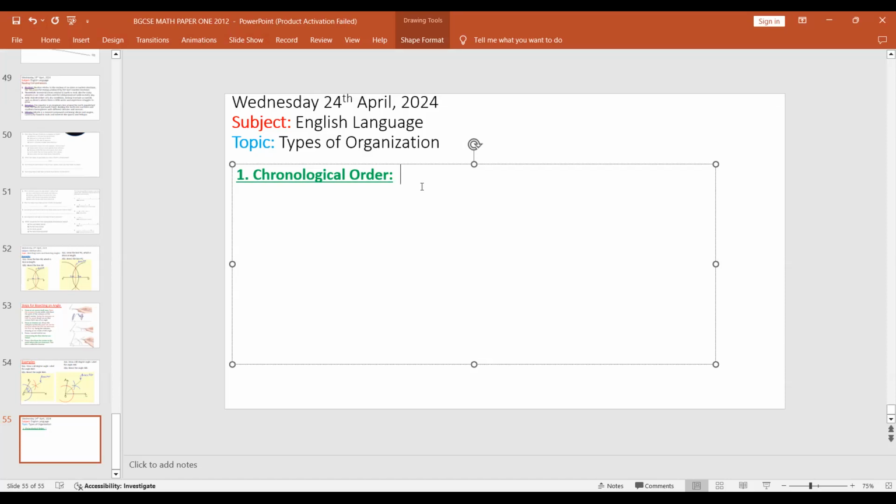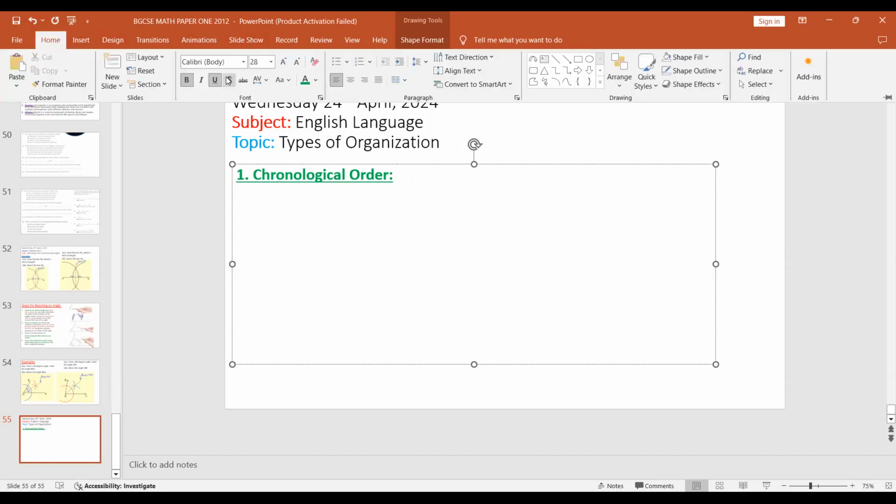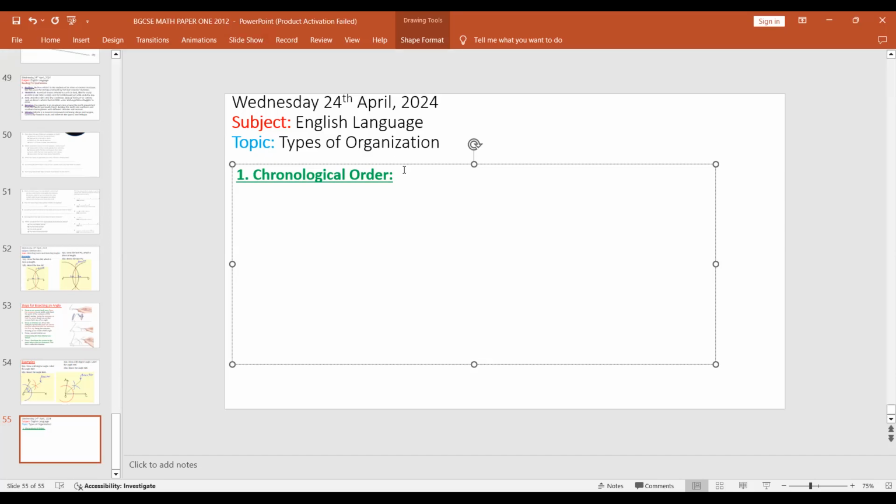Very good. So chronological order means that you're going to arrange them in order of time. So what came first, what came second, what came third in terms of time, right? Does anyone of you have siblings? Brother, sister? Yes, sir.